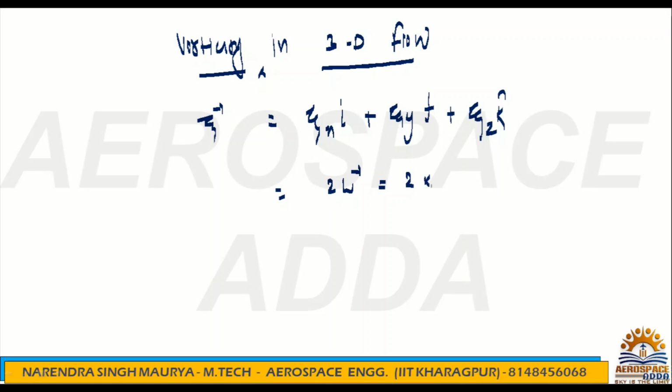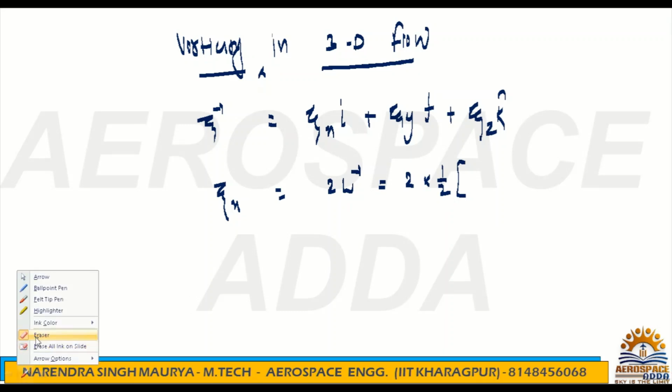So 2 into, if you check the angular velocity value here, 1 by 2. Suppose I'm interested to write chi x, so it will be omega x. What is the omega x here? So chi x will be omega x.